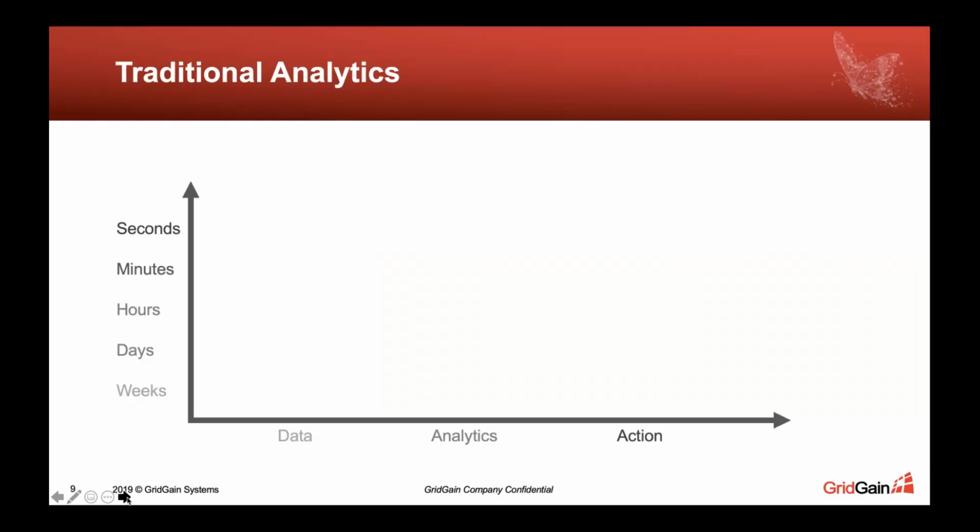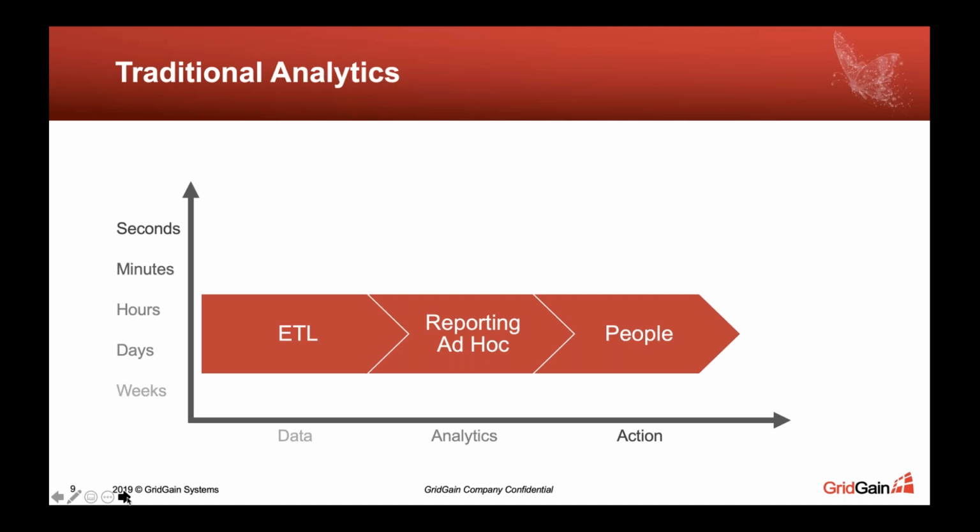Traditionally, if you think about analytics, it's not really just about analytics. It's about the type and the freshness, or the real-time nature of the data. How real-time is it? It's about the type of analytics you're performing, and it's the action you take off of it.